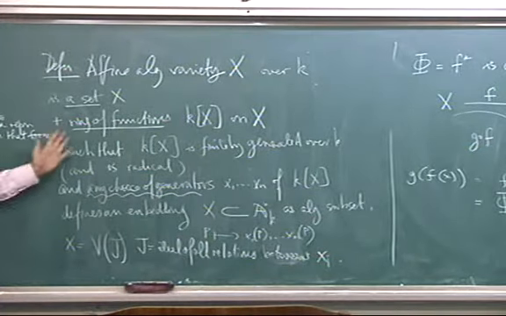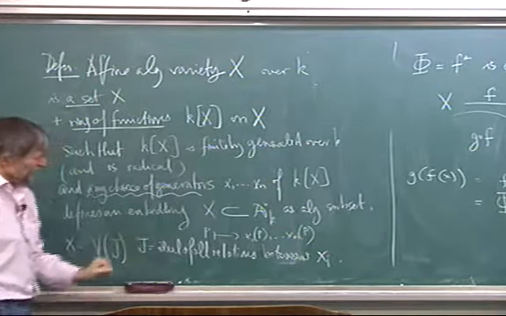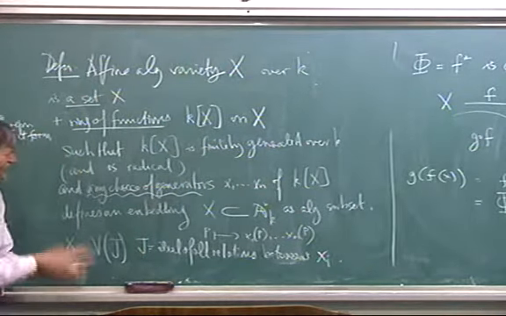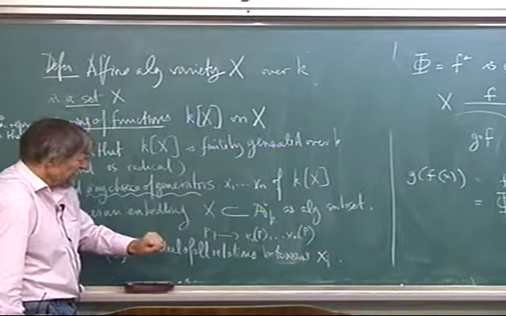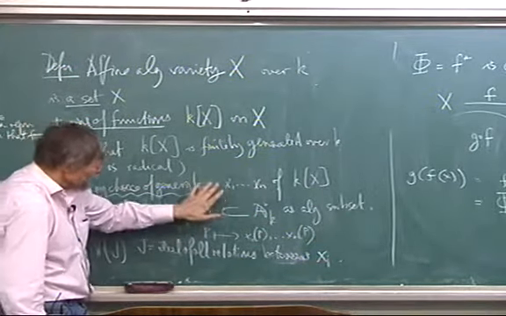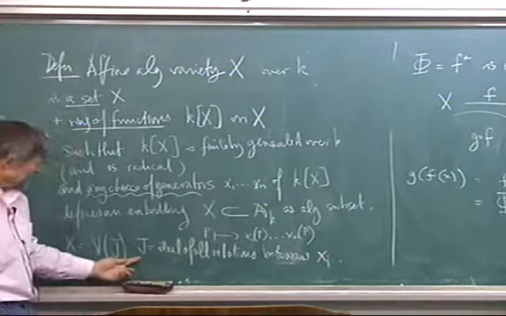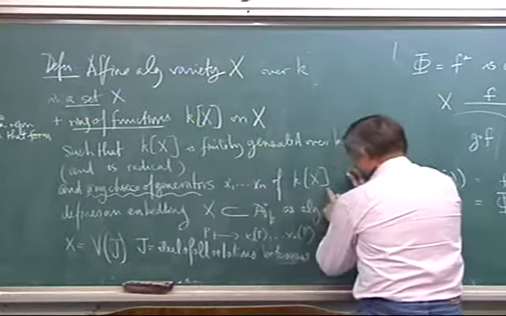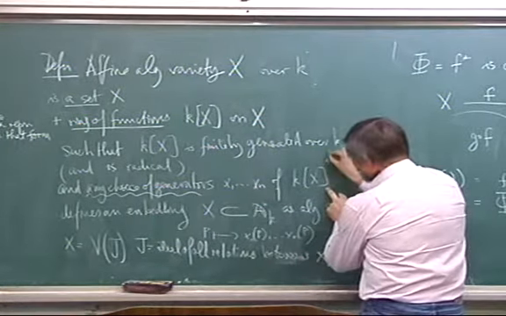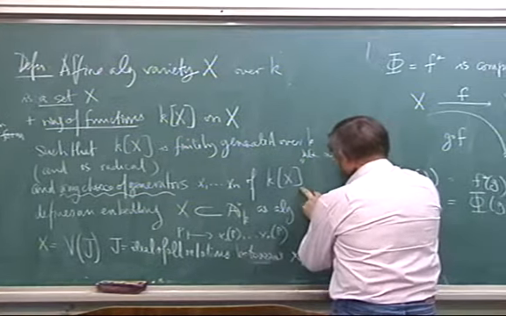The way I've stated it, I've got a set here, and I've got a ring of functions on it. And I can choose generators in any way I like. If I choose generators in some way, then there's automatically an ideal of relations holding between them. So choosing generators means making this ring equal to k of x1 up to xn divided by some ideal.